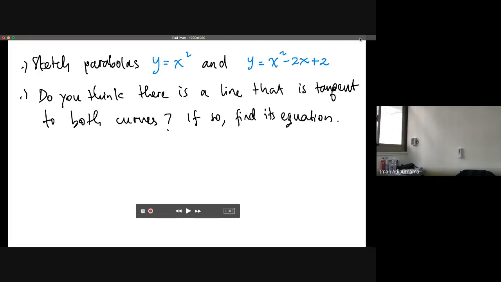It depends on the x. So this one has a different x. So you need to find x1 and x2. Maybe you can start with a, maybe b. And you need to find this a and b.